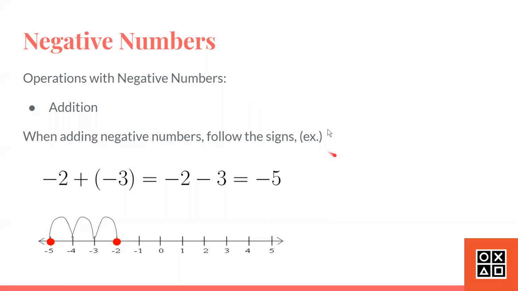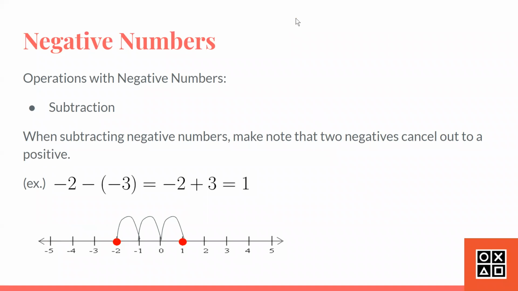All right, let's move on to subtraction. When subtracting negative numbers, make note that the two negatives cancel out to a positive. So this is what I was talking about. For subtraction, this sign and this sign would just cancel out, and it would become a positive. So it's a little bit different than addition, but it's almost the same.